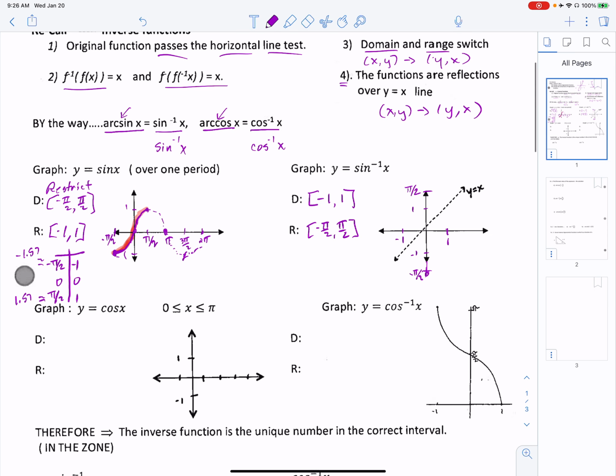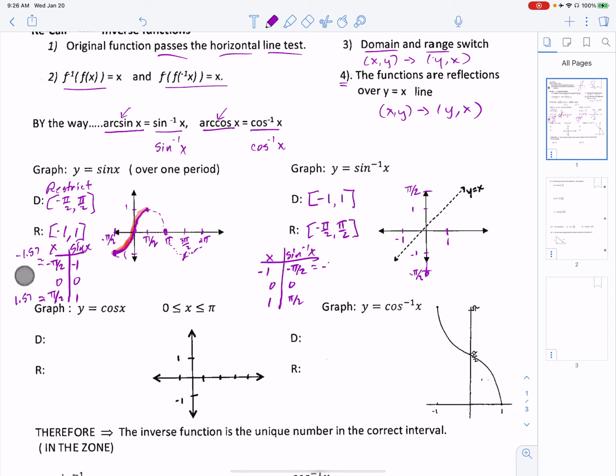So if these are on x, sine of x, then on x, inverse sine of x, we have all these ordered pairs: (negative 1, negative pi halves), (0, 0), and (1, pi halves).